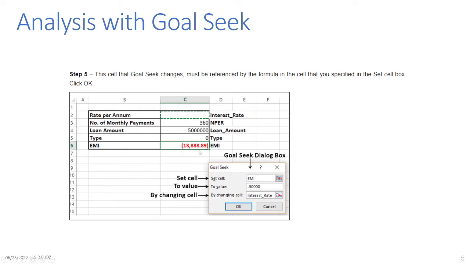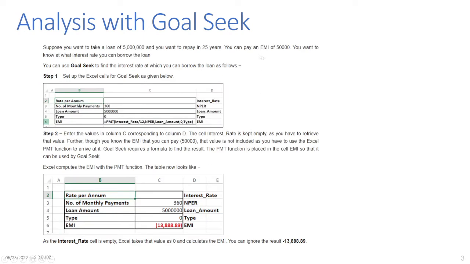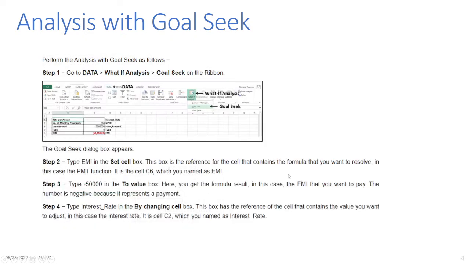So this is the cell that contains the formula that you want to resolve. Because we want to know the interest rate, we are looking for the interest rate, and we want a payment that more or less we can pay.